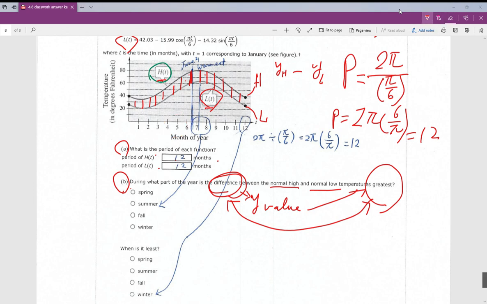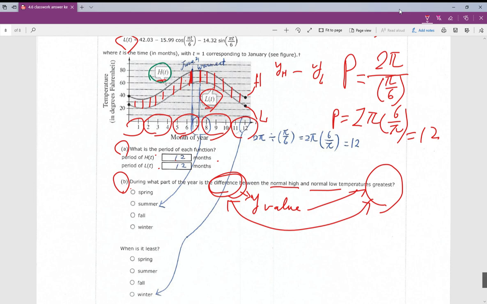Spring is 3, 4, 5. I remember spring is 3, 4, 5. This is about spring, okay? This is about the summer. This is about the fall, right? And then this, I guess, according to what I remember. Okay, you can double check by yourself.